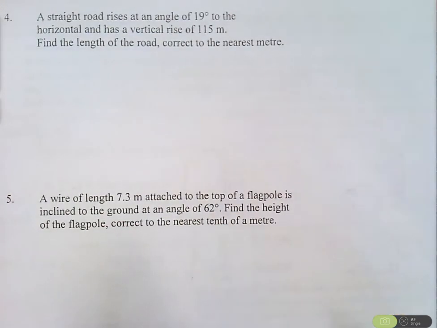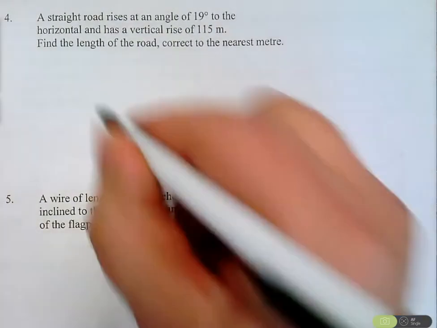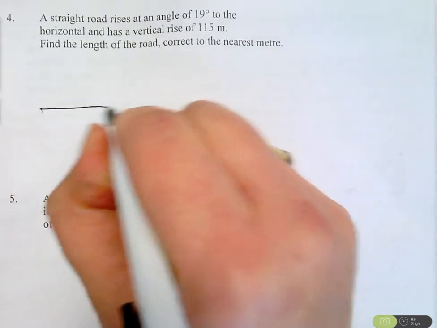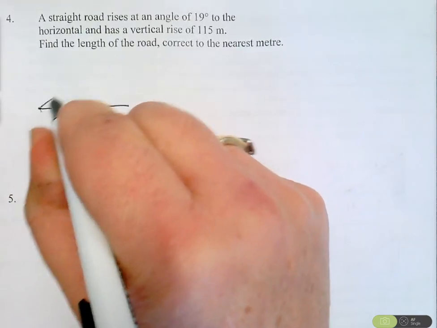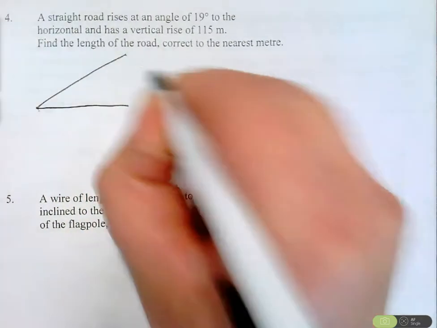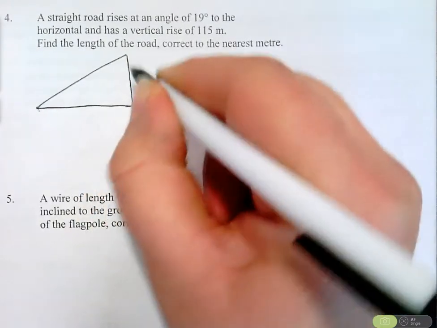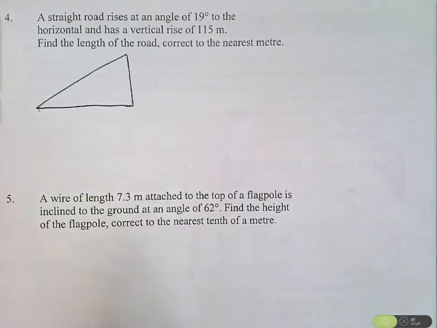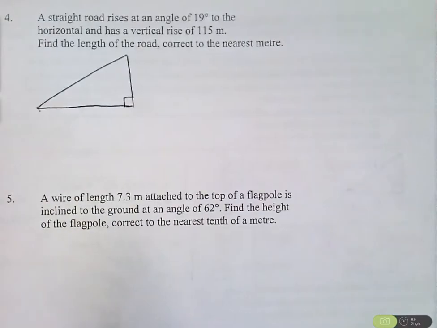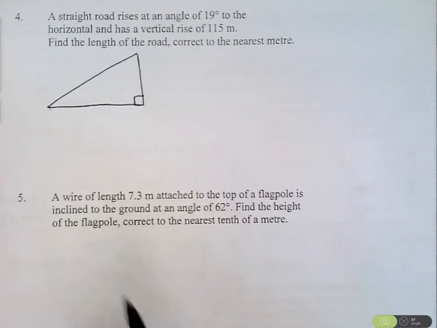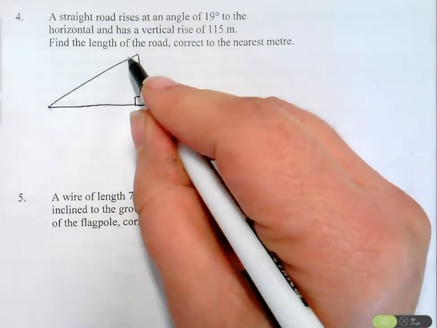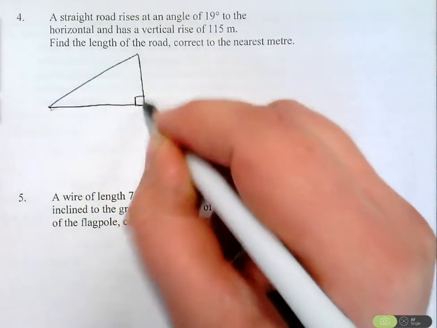First question. A straight road rises at an angle of 19 degrees to the horizontal. There's the road. Girls. Shh, girls. A straight road rises at an angle of 19 degrees to the horizontal. See, there's the road and there's the horizontal, that's the vertical.